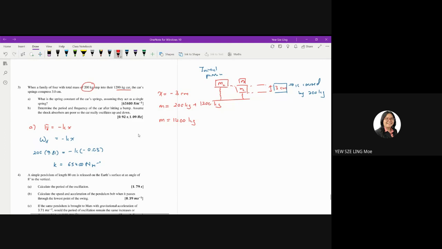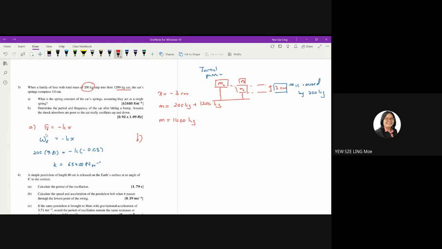So now question B. Determine the period and the frequency of the car after it hits a bump, assuming the shock absorbers are so poor that the car really oscillates up and down. Questions A and B are slightly different.